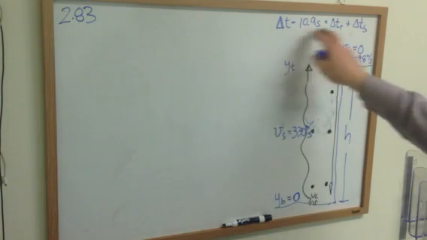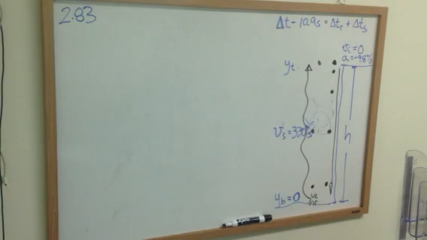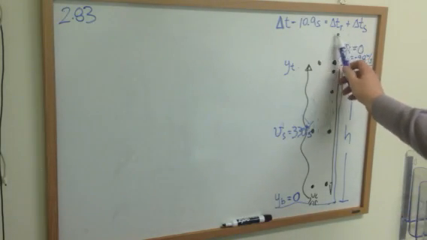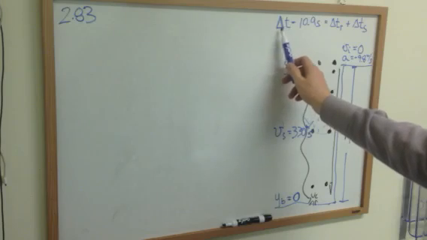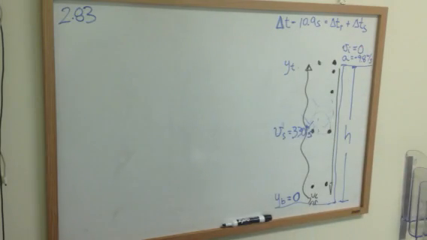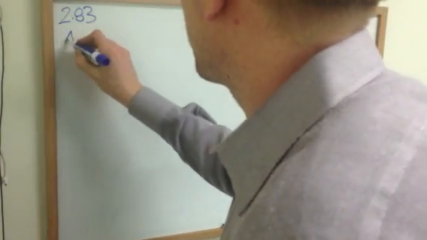We're given a total time, but we don't know these individual values for it. So we need to work in steps and slowly try to figure out these values so we can figure out the total time. And then once we know the total time, we'll be able to take it apart again and find this height. Okay, so step A.